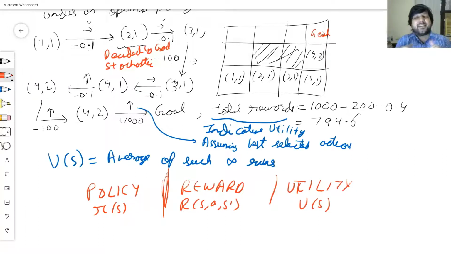So the reward is negative, but the utility is positive. The utility is long sighted. It says, what will I get now, next, next, next, all the way up to the end. So utility sums up everything till the end, and therefore things will have positive utility.